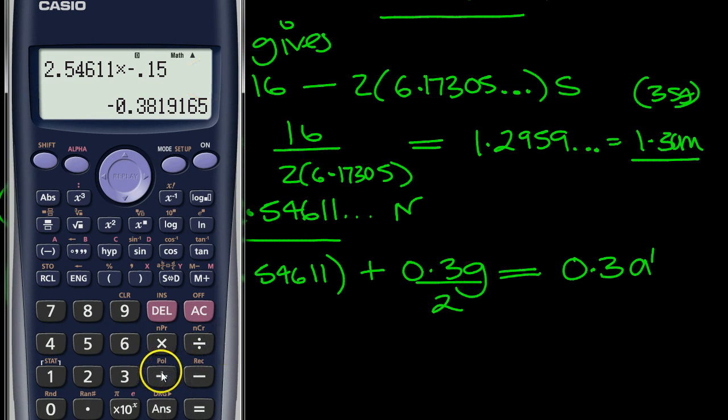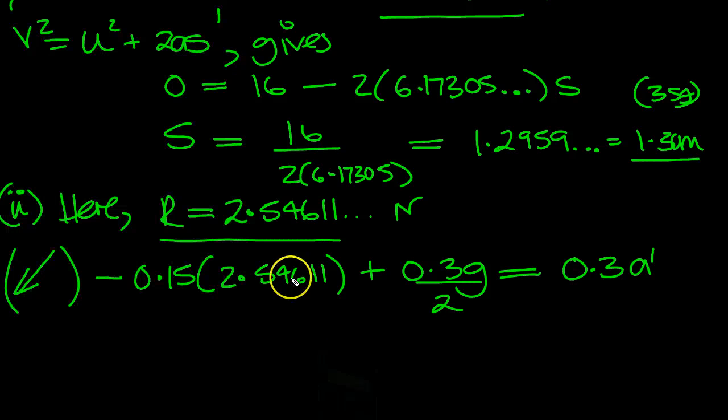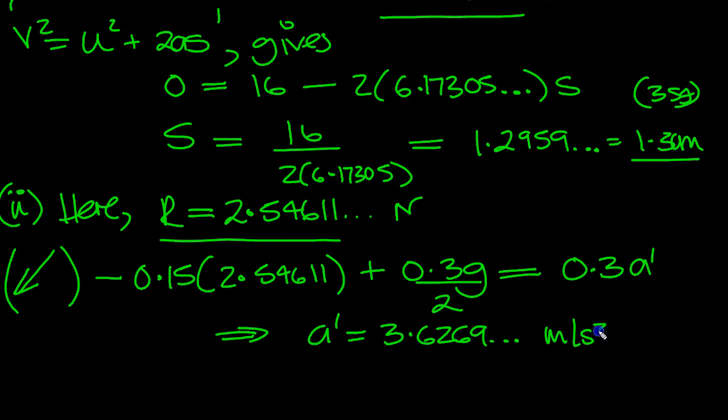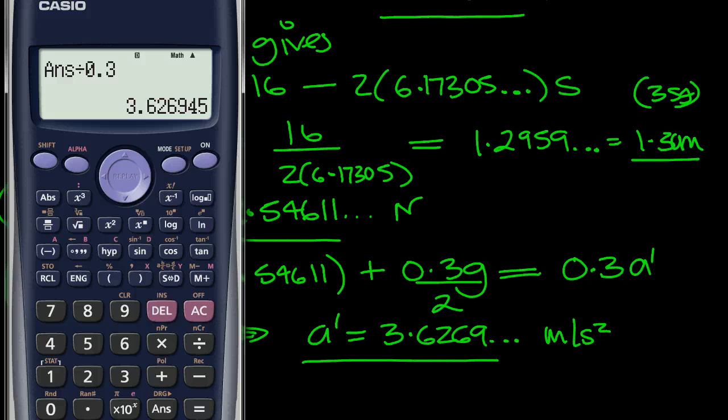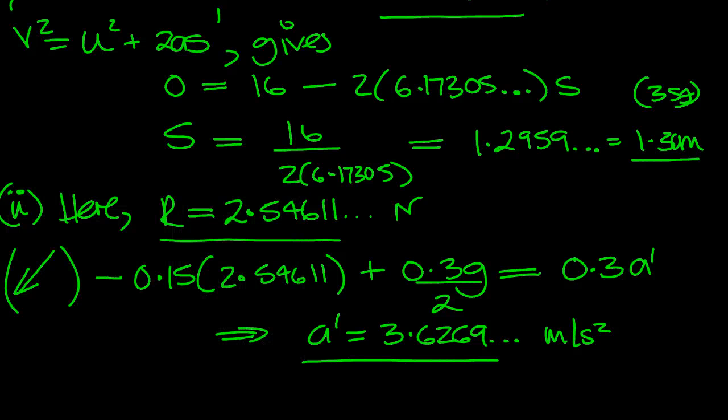Now let's add on 0.3 times 9.8 divided by 2 equals, that's this number, and divide that by 0.3. 3.6269. So that tells us a dashed is equal to 3.6269 meters per second squared. There's a dashed. Yep, that's fine. So there's the acceleration going down the slope.